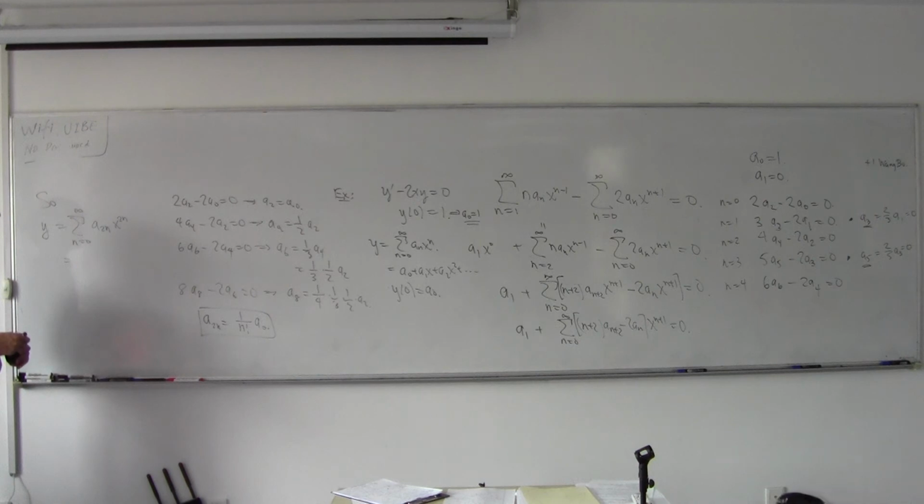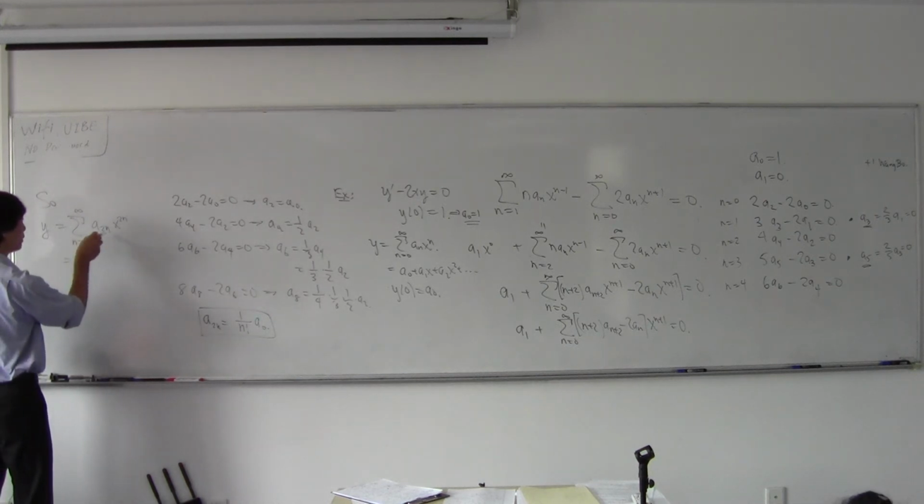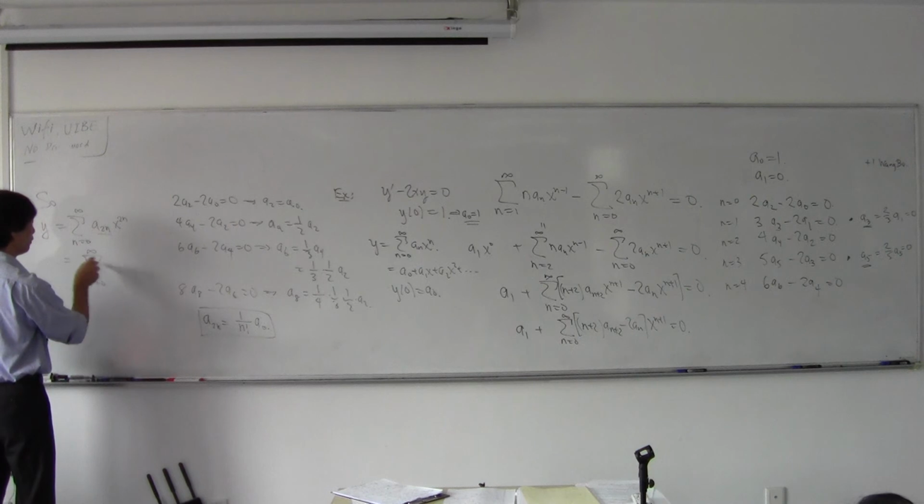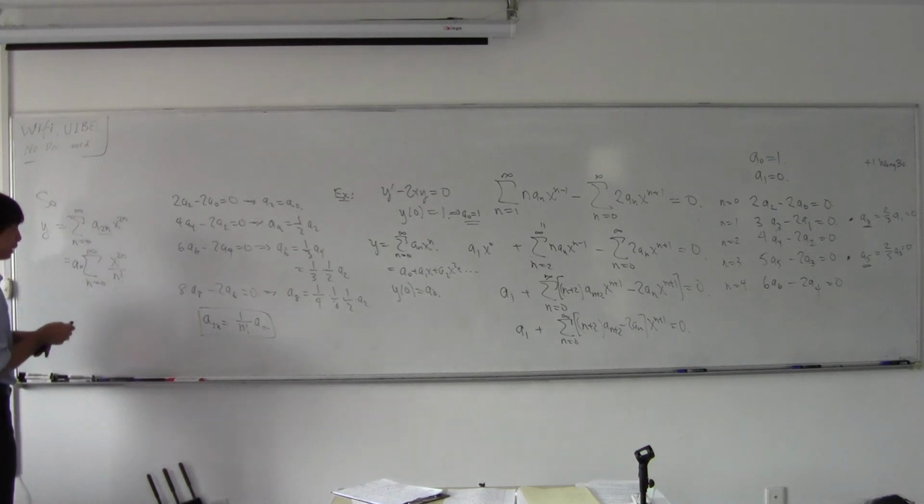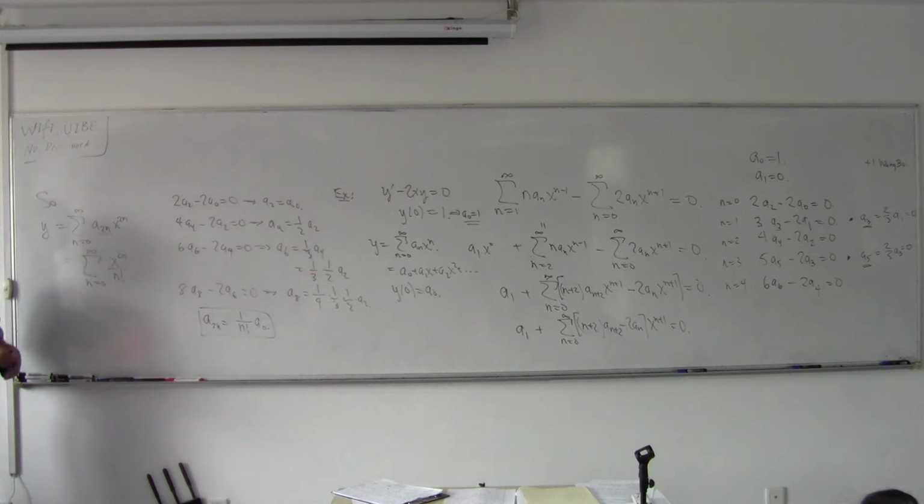So we get a sum from n equals 0 to infinity of a0 times x to the 2n over n factorial. A0 was 1, sorry, why am I including it? So y is the sum of x to the 2n over n factorial.